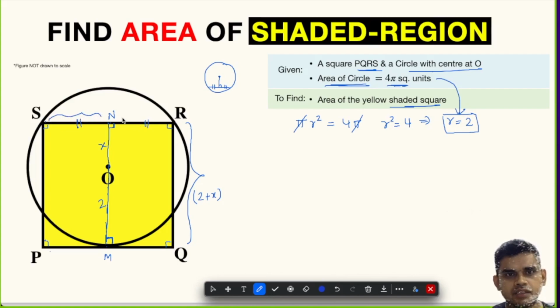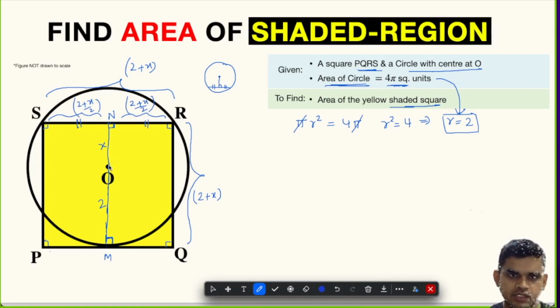Now if 2 plus x is the side of this square, this entire length will also be 2 plus x. So half of it will be 2 plus x by 2. This is also 2 plus x over 2.